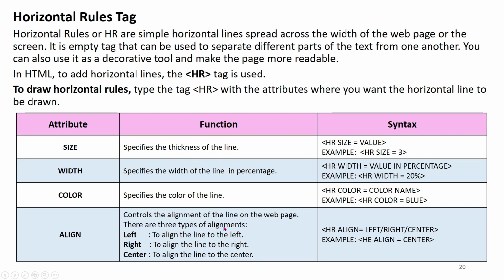There are three types of alignments: left, right and center, and these will align the horizontal rule to the left, right or center respectively, whatever is given. So HR align equals left, right or center, any one out of these three to be written. Example, HR align center.